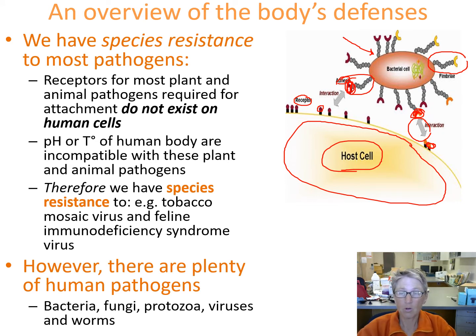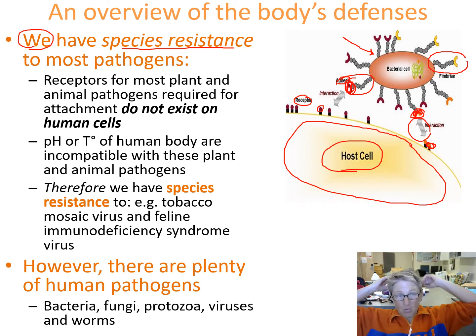Now, if this is a host cell that doesn't have receptors that the adhesins on the bacteria can recognize, this host cell could be the cell of a member of a species that's resistant to a pathogen. So we, as humans, we have this thing called species resistance to most pathogens. So remember, our species, genus and species, we're Homo sapiens.